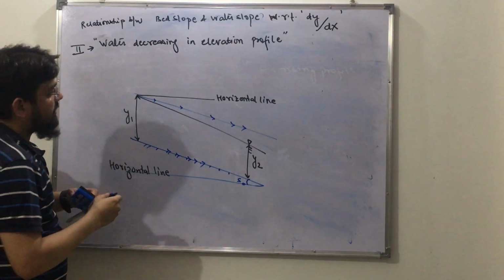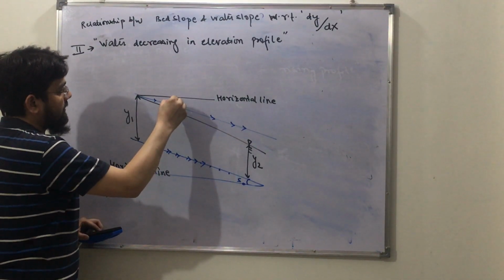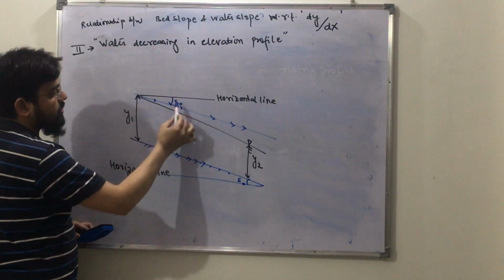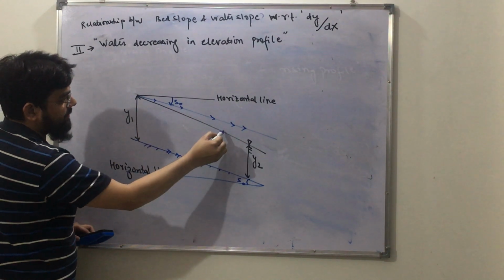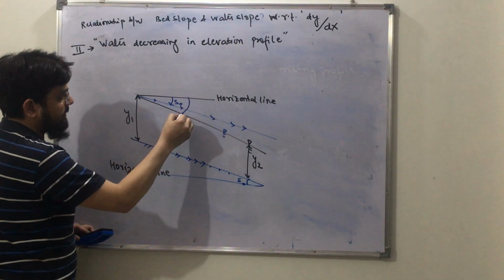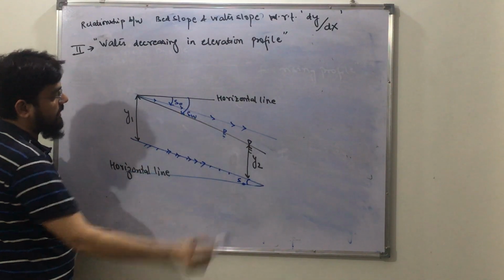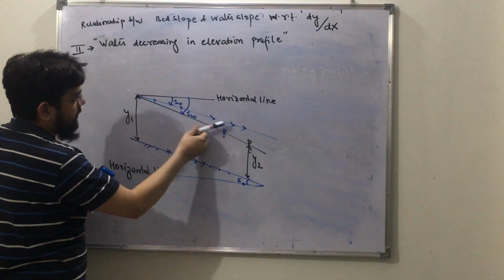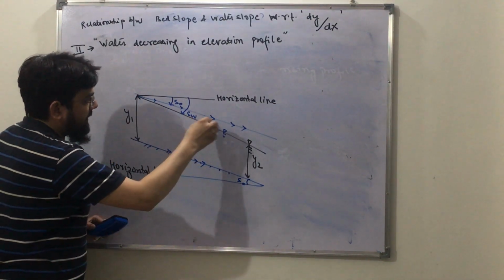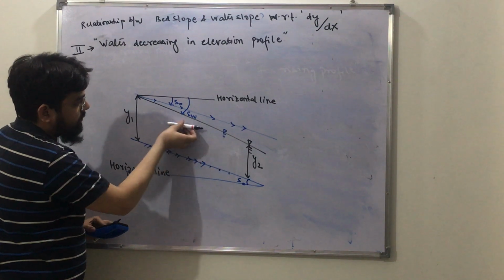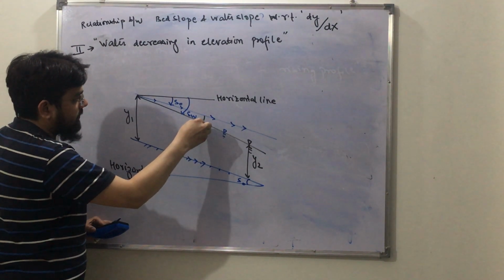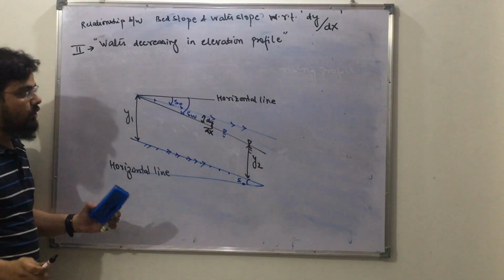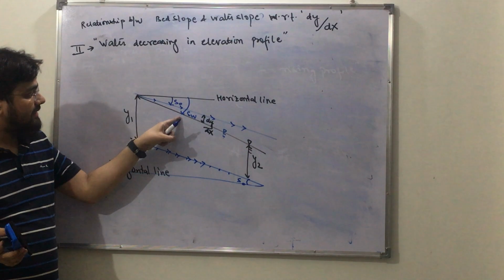With respect to horizontal, if we are measuring the bed line, this is known as S0. With respect to horizontal, the water surface elevation line is known as SW. And with respect to the bed slope, the water surface elevation line is known as dy by dx.